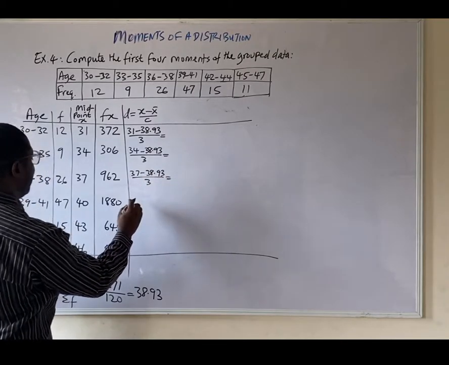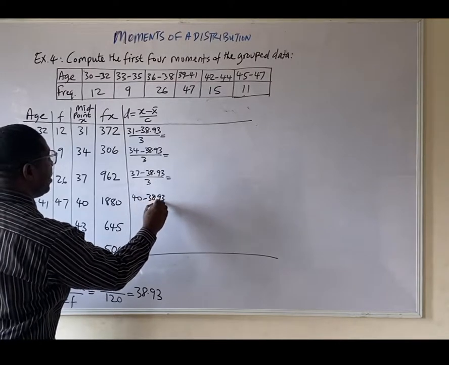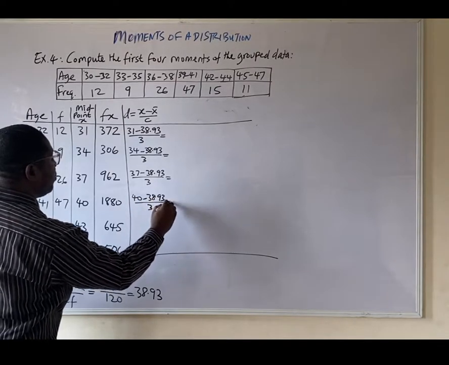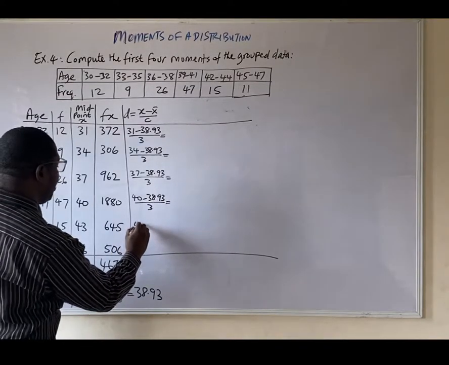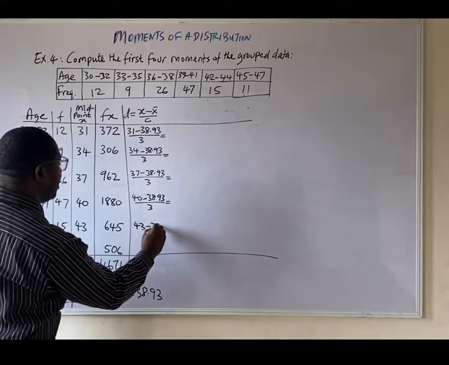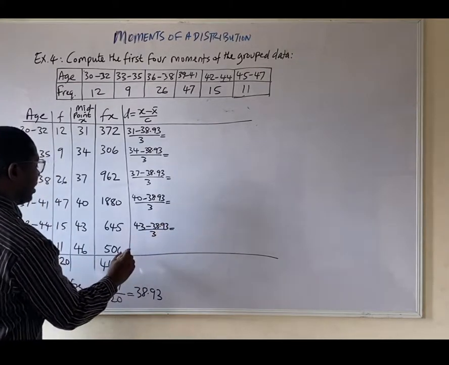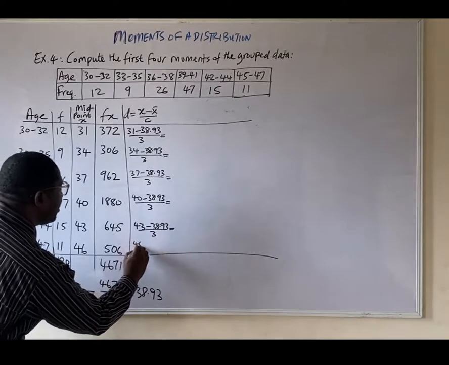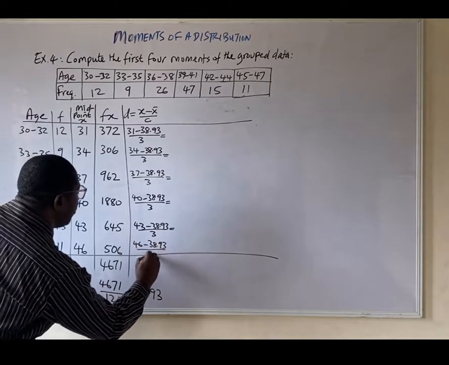The next one is 40 minus 38.93 all over 3. The next one is 43 minus 38.93 all over 3. And the last one is 46 minus 38.93 all over 3.